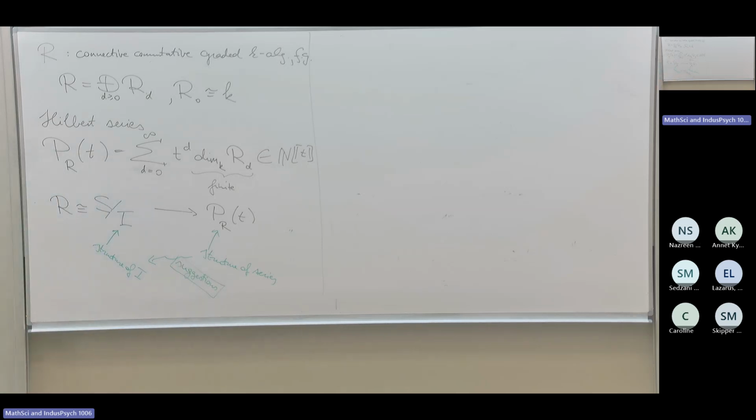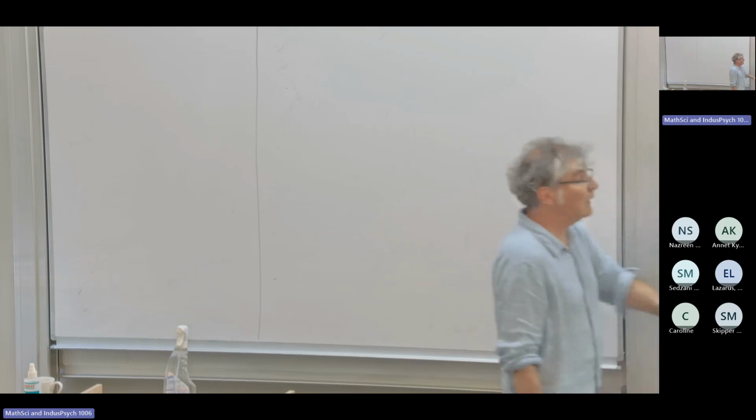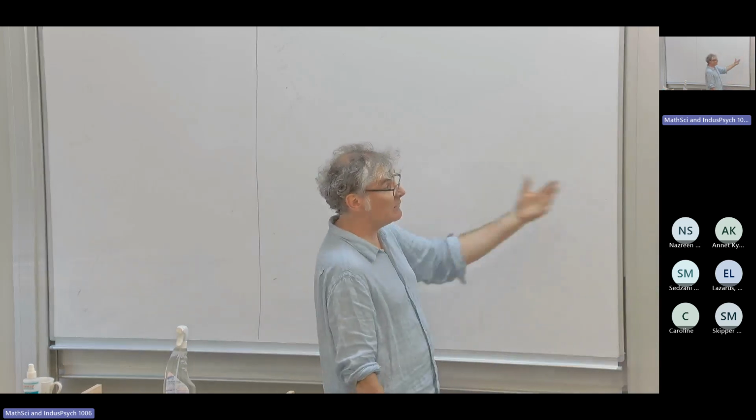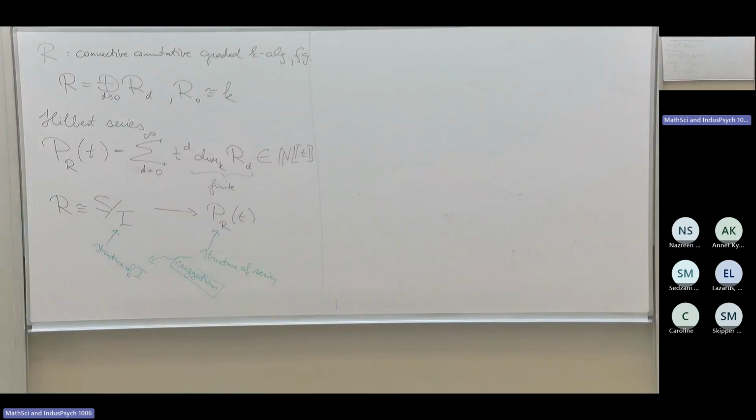You're losing information, of course. This is very crude information about the graded ring, its Hilbert series, but it actually carries a lot of information and we'll be able to spot some patterns and get some suggestions as to what the structure of the ideal could be.